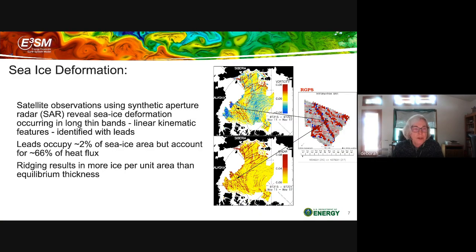And leads have been estimated to occupy about 2% of the total surface area, but on the other hand, account for about 66% of the heat flux, again, because you expose ocean water to the atmosphere. And I already mentioned that the ridging can result in more ice per unit area than equilibrium thickness. So those are some aspects of sea ice that we're interested in capturing in our modeling.